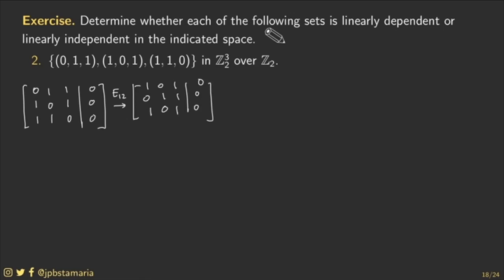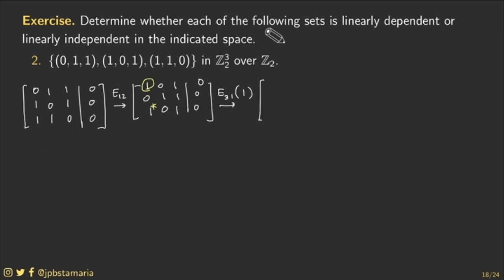Next, using this pivot, I want to zero that out. I would like to do the following. What's the negative of 1 in Z sub 2? The negative of 1 in Z sub 2 is just 1 because 1 plus 1 is 0. Okay? So you just write here E31(1) instead.